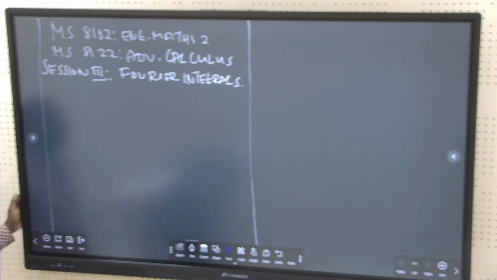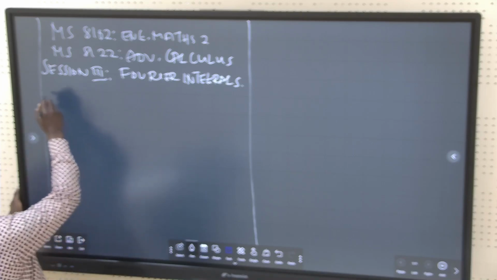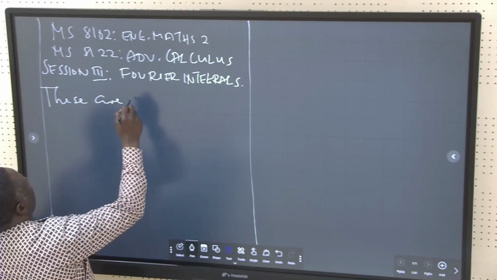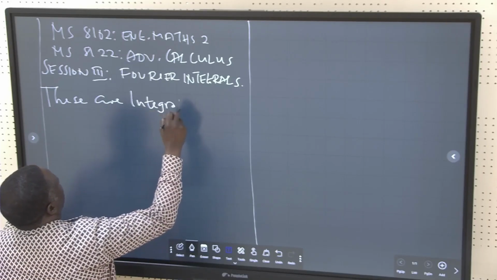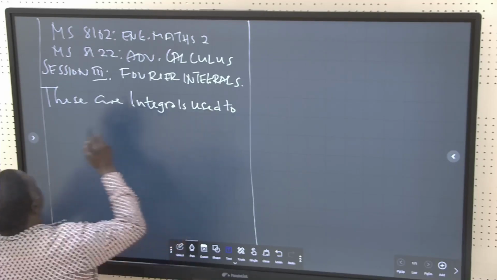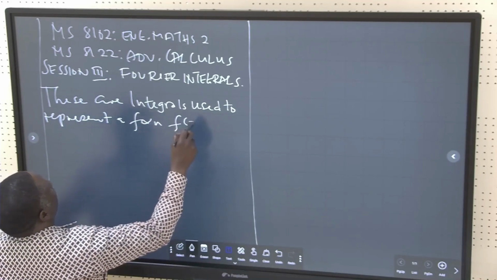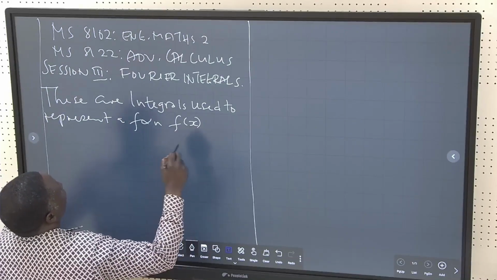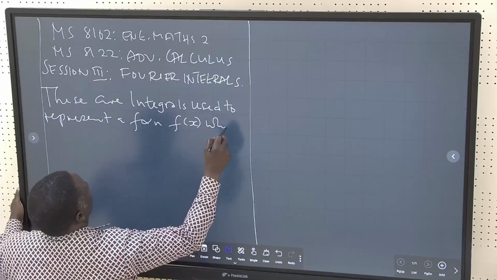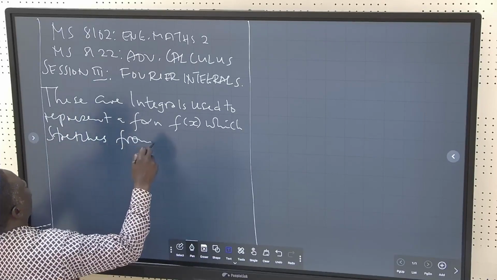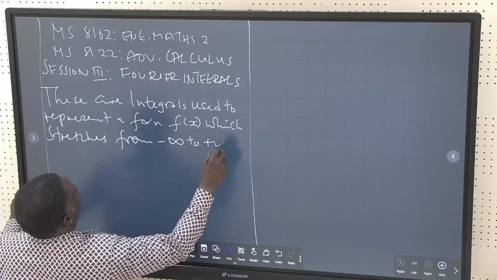But Fourier integrals are used to represent a function f of x which stretches from negative infinity to positive infinity.